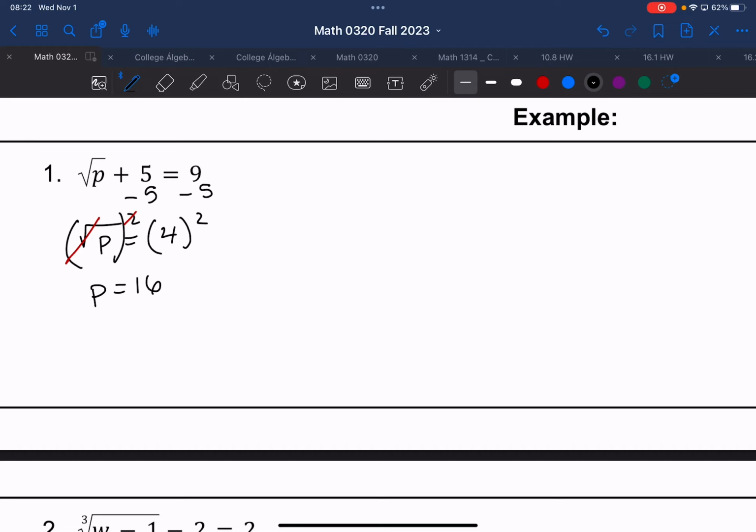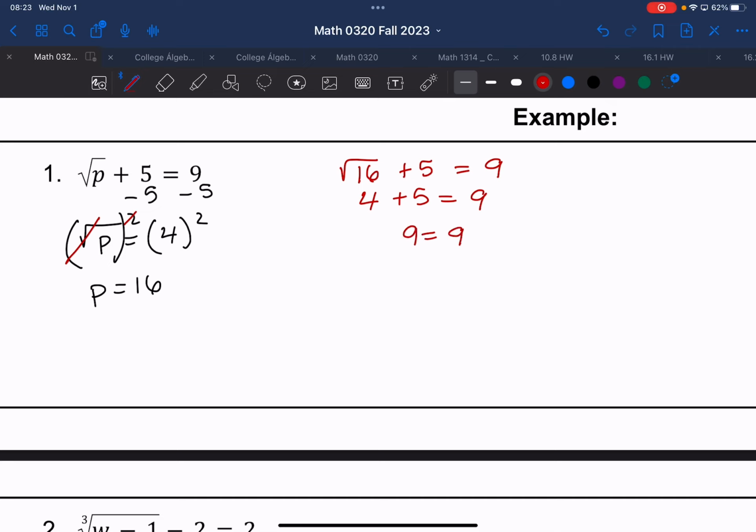Okay. Before we can say this is our answer, we have to plug it back in and see if we get a true statement. So if I plug in 16 for p, I get the square root of 16 plus 5 equals 9. We know that the square root of 16 is 4, so I have 4 plus 5 equals 9. 9 equals 9.